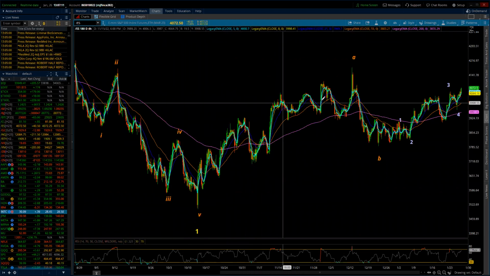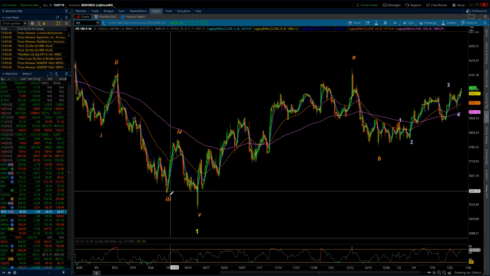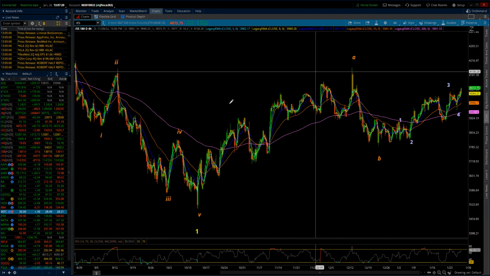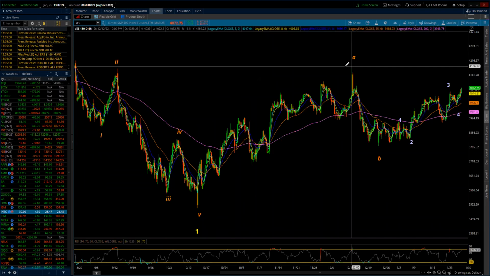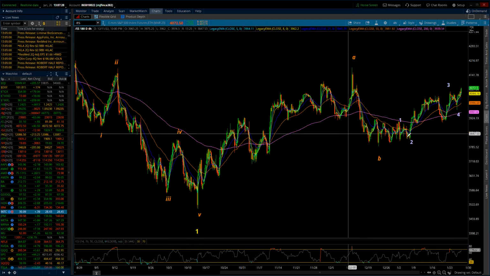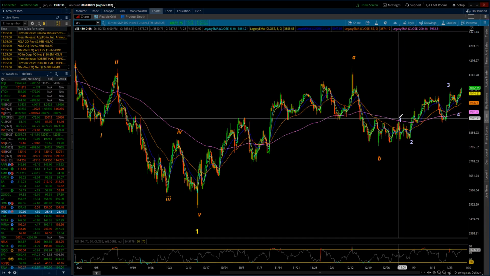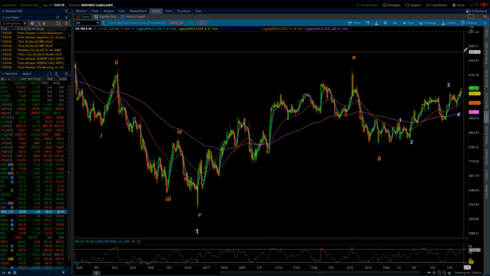This is very corrective in nature; that doesn't look like it was impulsive. Impulsive looks like that, not like this, with these big gaps and all this other junk in here. So this was corrective. I had put it in as a complete ABC and labeled it intermediate wave 2 until we started to get this. Up until this point, I wasn't labeling this as wave 1. Remember, C wave, all C must be 5.